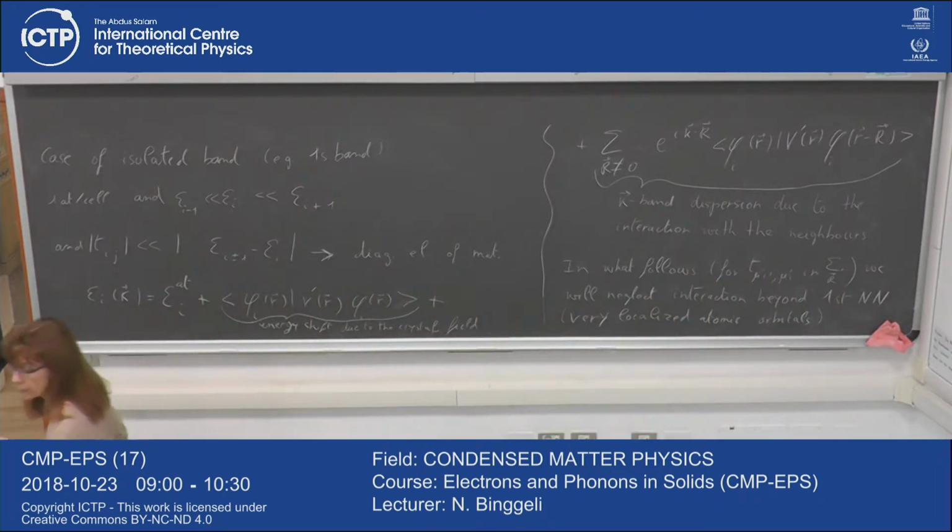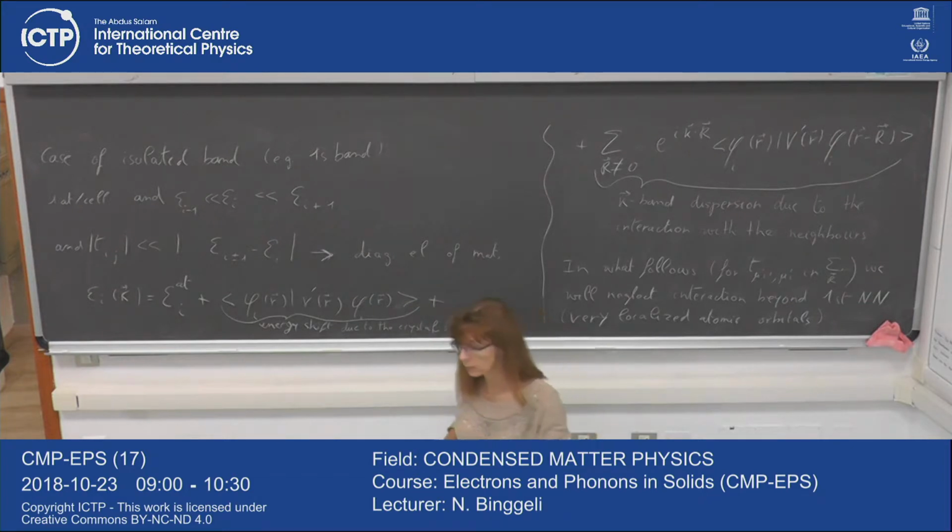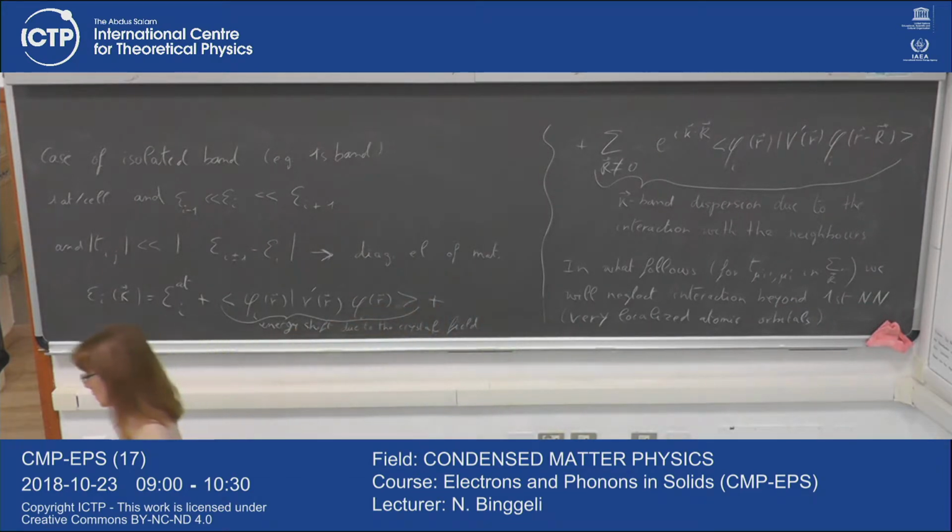So for the overlap matrix, we consider only the on-site, that is the matrix element of the overlap for atomic orbitals that are centered on the same site.